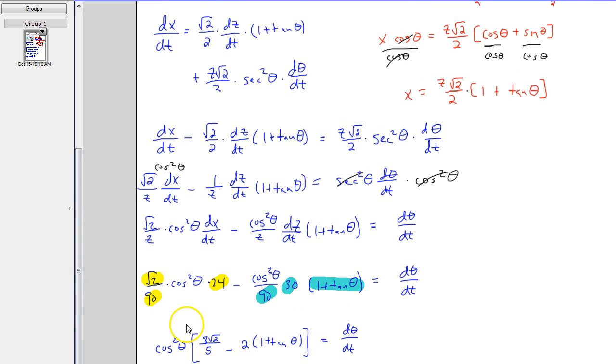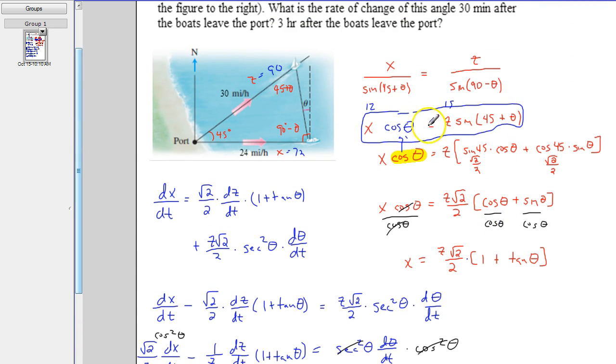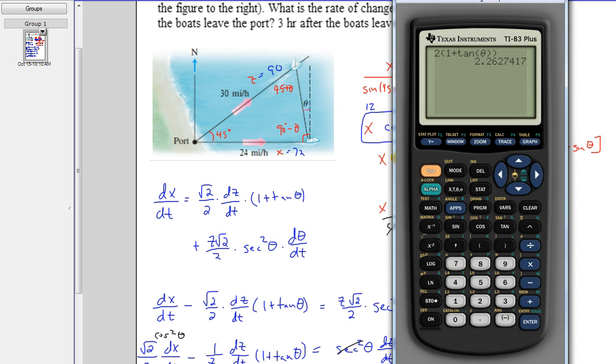You're going to get 0 for d theta dt in both parts of this problem, because this piece right here is always equal to 0 for that particular value of theta that we keep getting. And that value of theta that we keep getting is what is making this equation true in our problem, and it's always that same value.